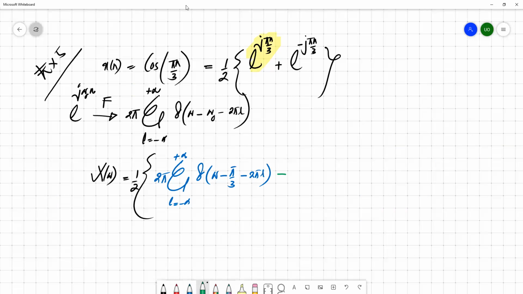Then the Fourier transform of this one is basically 2 pi. So we can use another index: delta omega plus 3 minus 2 pi. So you can just take this out.